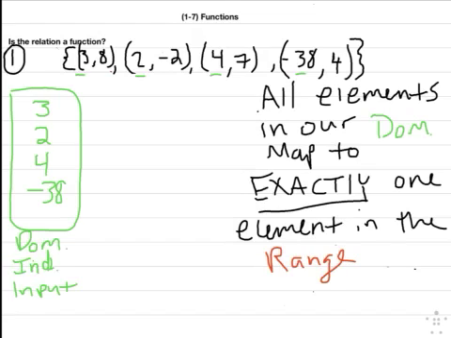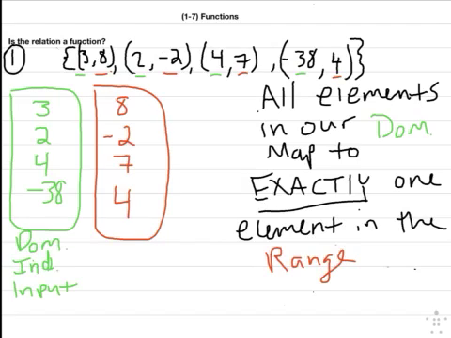Maybe it's a function, we're going to find out. Then we're going to take a look at our range, our outputs: 8, -2, 7, and 4. So here's our range, and the same thing as range is the dependent, or output.